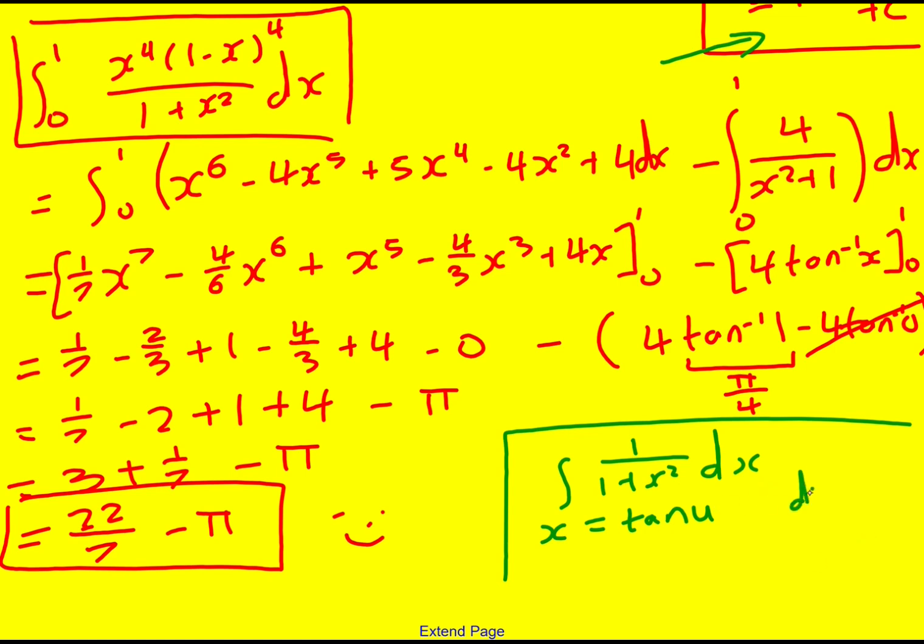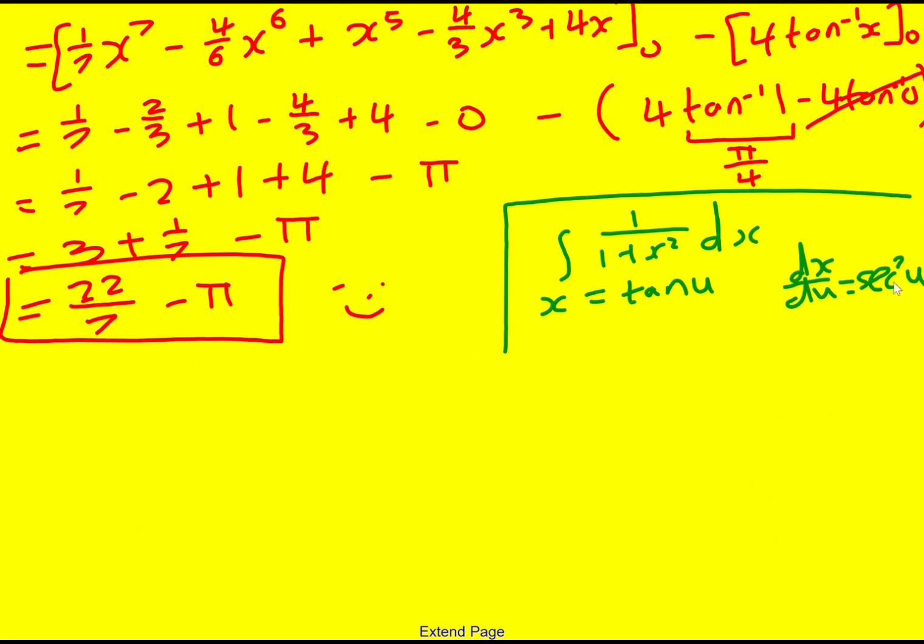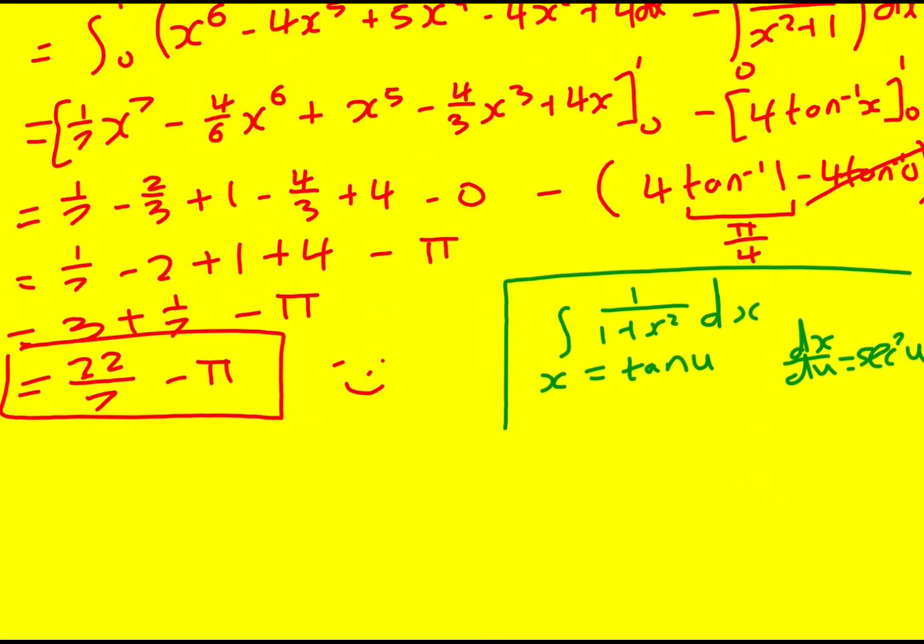Because then we get dx by du is sec squared u, either using the quotient rule or just a result to learn again. And then the integral, using the chain rule, becomes 1 plus tan squared u, I'm substituting in for x, and I can replace dx by sec squared u du. Sometimes people like to rearrange the dx, but I like to do it like this. And that there is sec squared u.